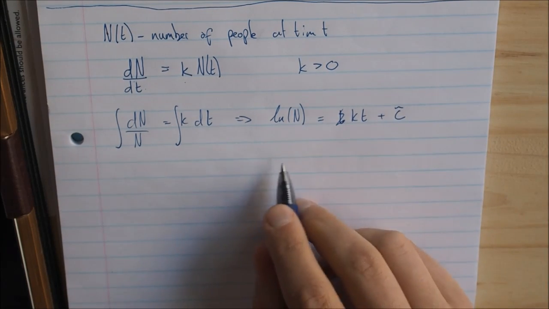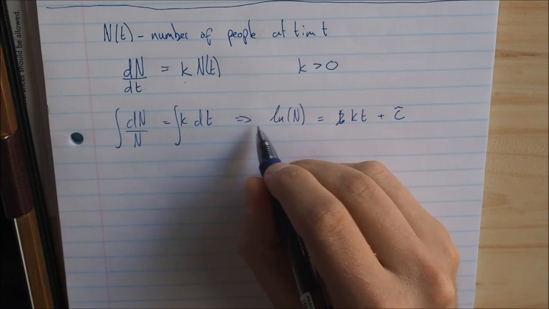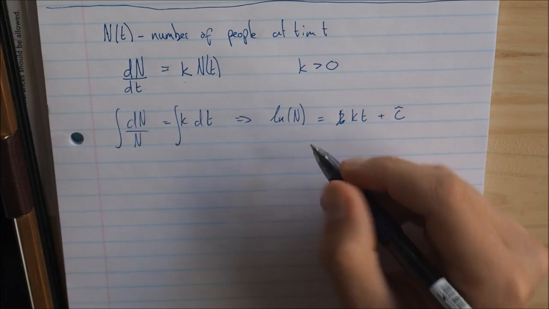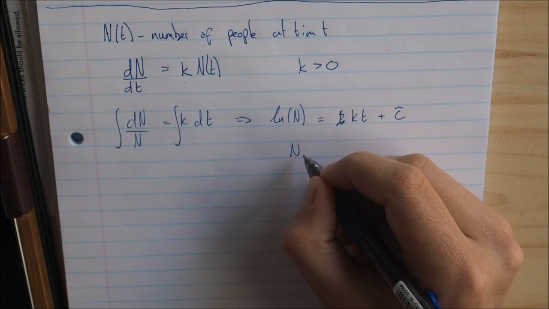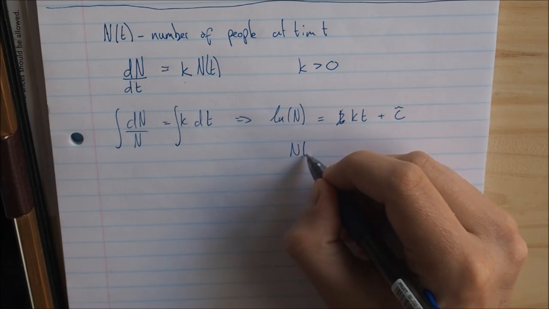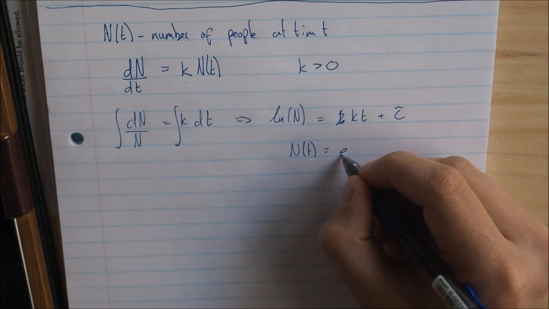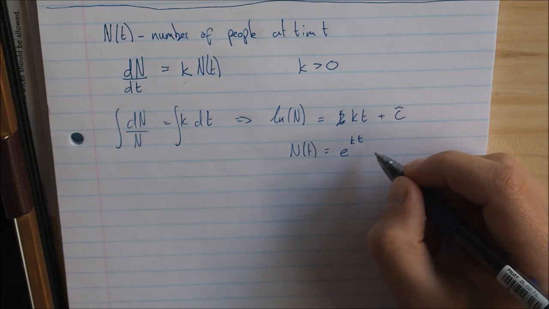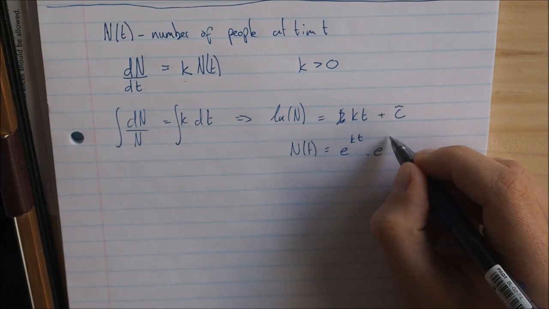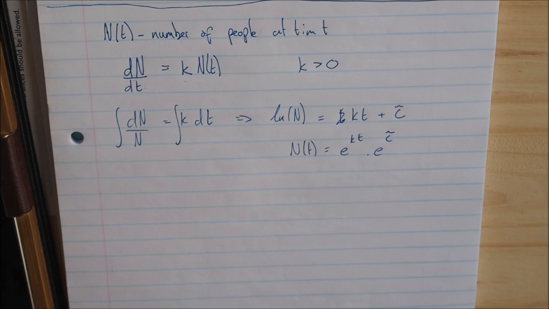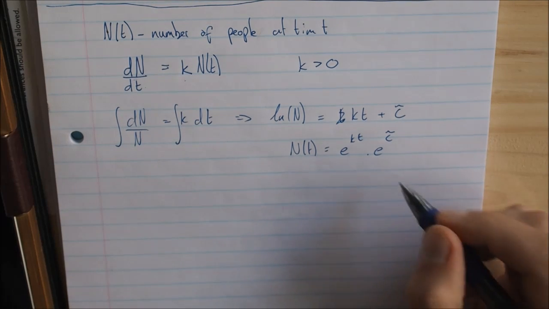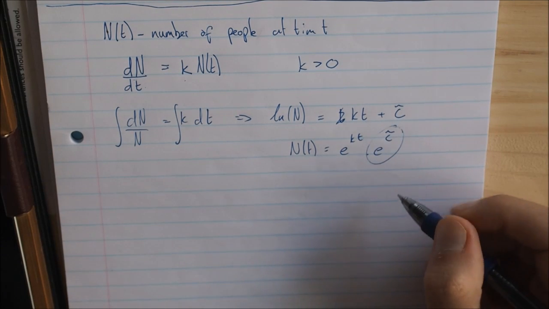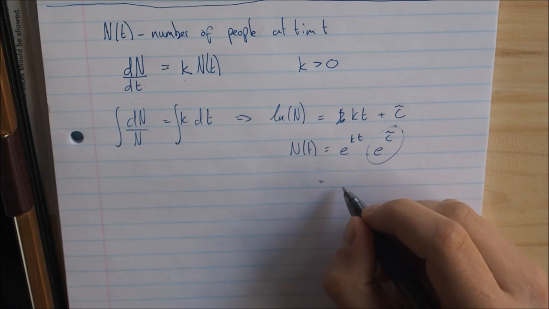I then exponentiate both sides, so I take the exponential of ln N and the exponential of this. I'm going to get N here, because the exponential of ln is just N. This is going to be equal to e to the kt times e to the c tilde. Because of the rules of exponentiation, this here is just another constant, which I'm going to call c naught, or c.